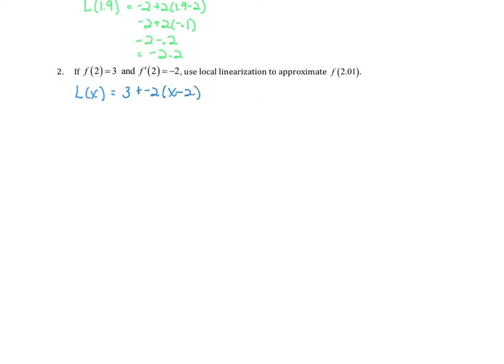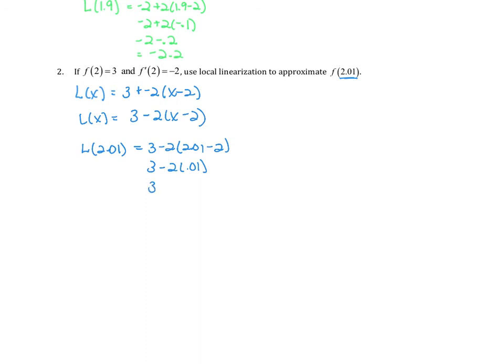So the linear approximation, well, let's make that a little bit prettier, is 3 minus 2 times (x minus 2). Now, if I'm trying to find the approximation at 2.01, I'm going to go ahead and plug in 2.01. And we get 3 minus 2 times 0.01.